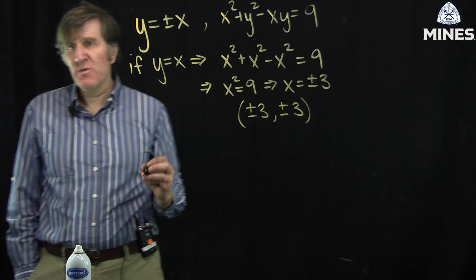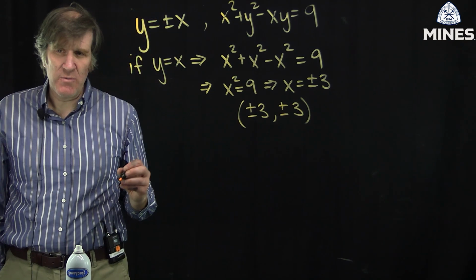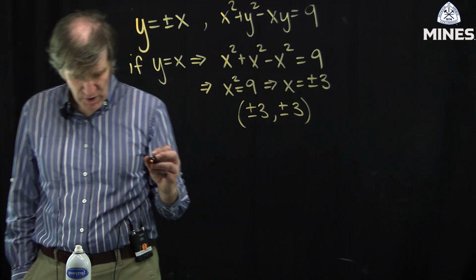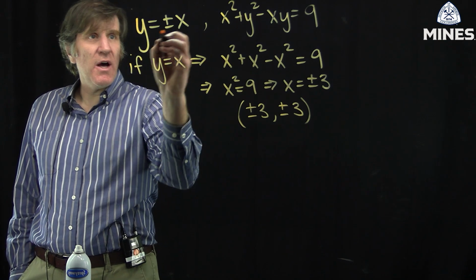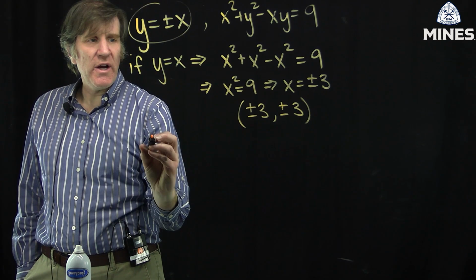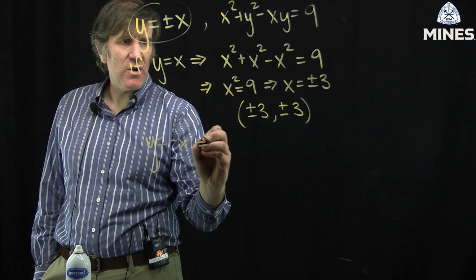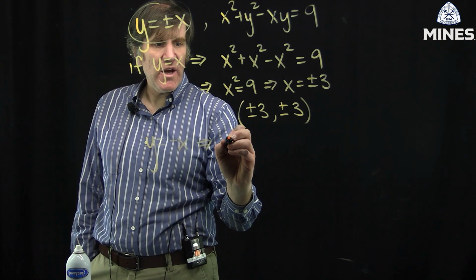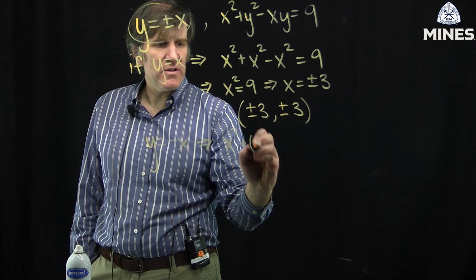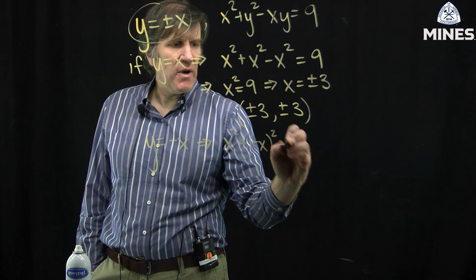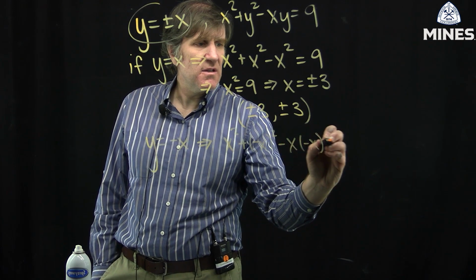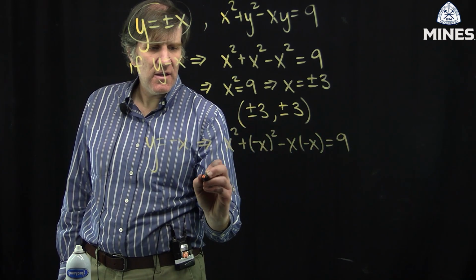So those are some possible points where we could have a maximum or a minimum along our constraint curve on our surface. The other thing that could happen here was y equals negative x. So if y equals negative x, then we have x squared plus negative x squared minus x times negative x equals 9.